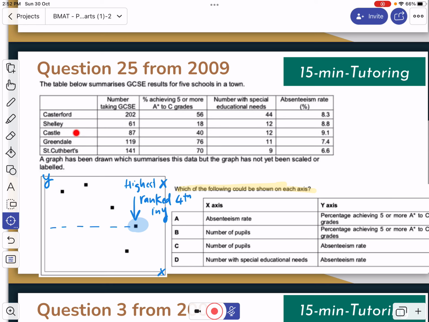So according to the data we have, if A is correct, the one ranked highest in absenteeism rate needs to be ranked number 4 in the y-axis, which is percent achieving 5. So Castle, let's take a look at percent achieving 5 or more. So Castle has 40. Is it ranked number 4?